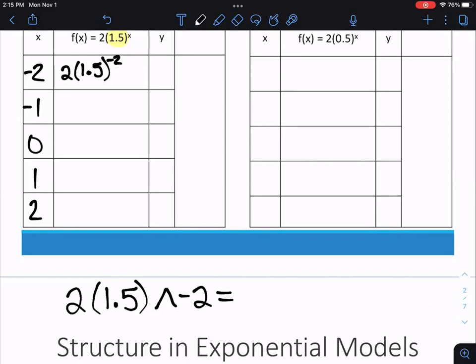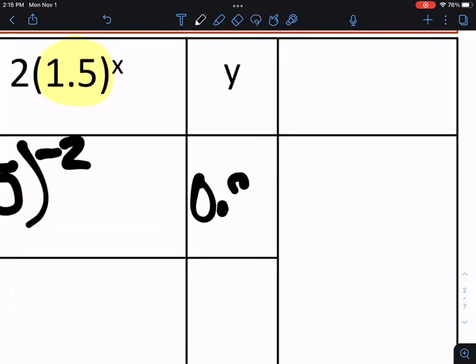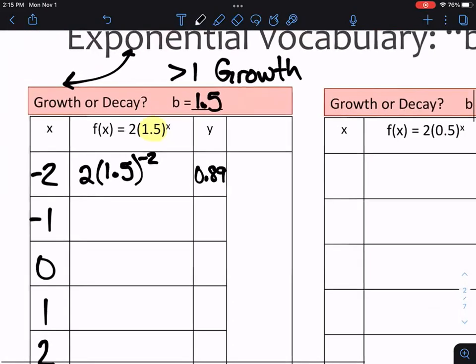All right, so when I typed that in my calculator, I got 0.89. We are going to graph these, so our numbers don't have to be exact, they just have to be close. So if you want to round to 1 decimal place, that's fine. I always told my students to leave at least 2 decimals in case the numbers are really close to each other.